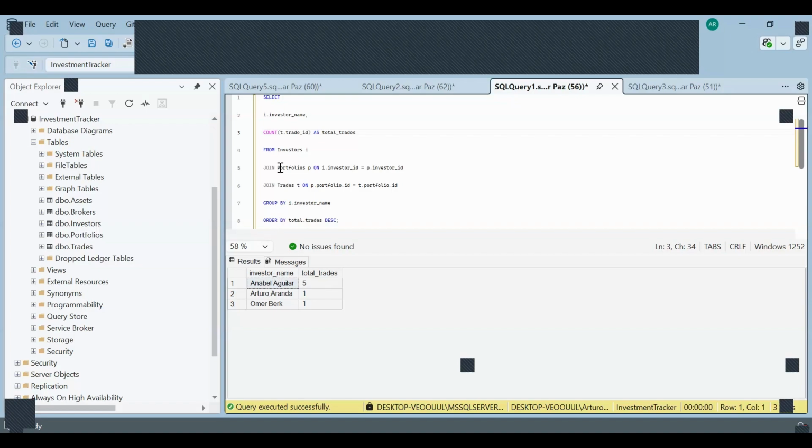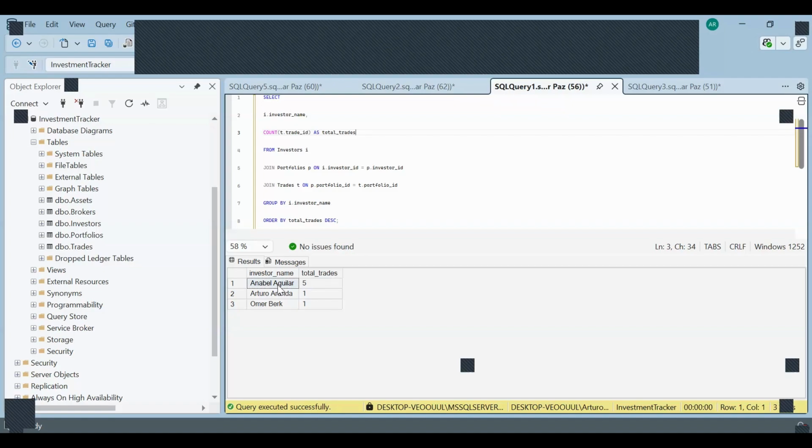The query joins the investors table to the portfolios table and then connects portfolios to the trades table. And we use the group by clause to show the results by investor name. So each investor only appears once. And then we use the count function to count how many trades belong to each investor.